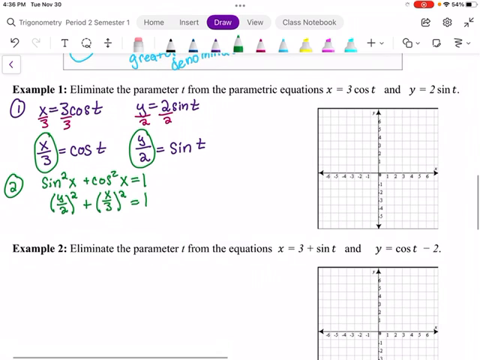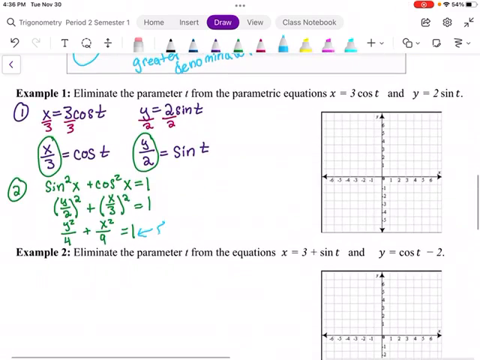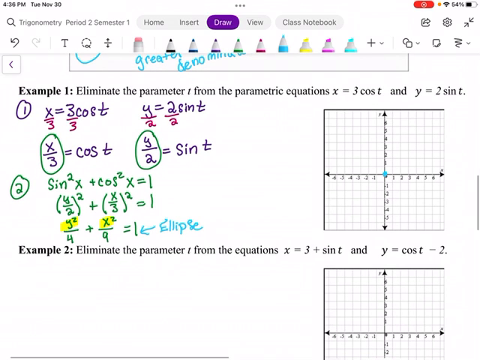Once we simplify, we're going to have y squared over 4 plus x squared over 9, because we have to square the top and the bottom. Looking at these equations, this is going to give us an ellipse. There's nothing being added to the x or the y on the top, so that tells us that the center of our ellipse is going to be at 0, 0.